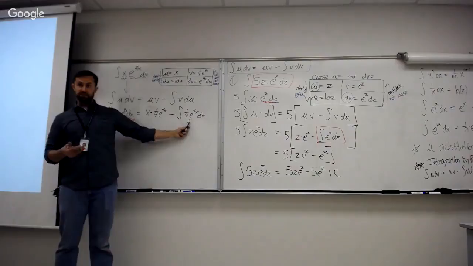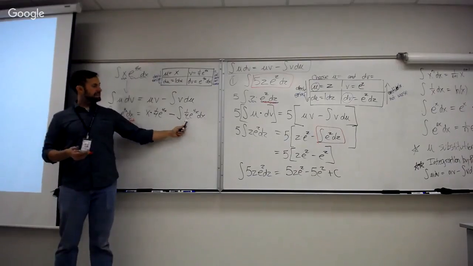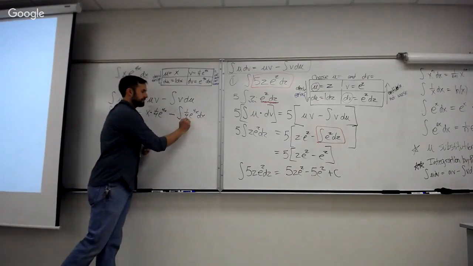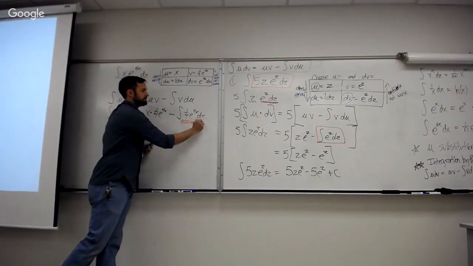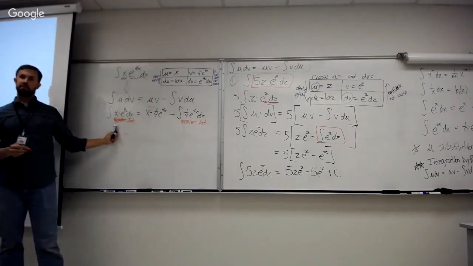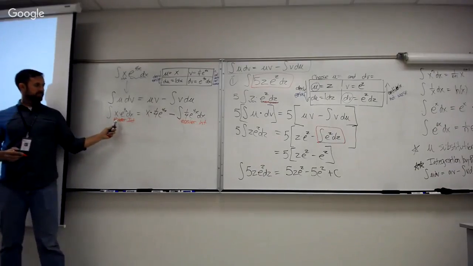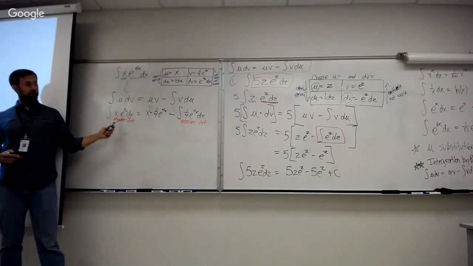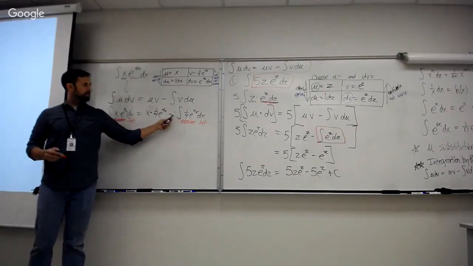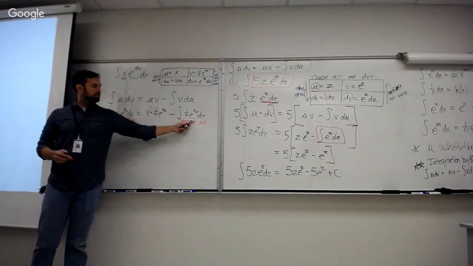And this integral, take a close look at it, this integral is easier than the original. Why is this one easier than the original? Yeah, the 1/4 you can certainly bring out front. And then you're just left with e to the 4x.